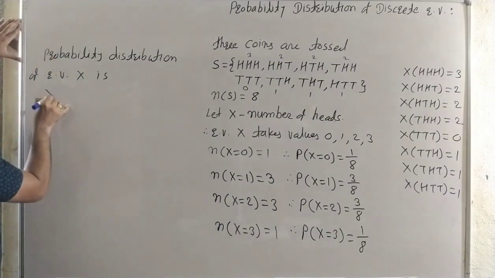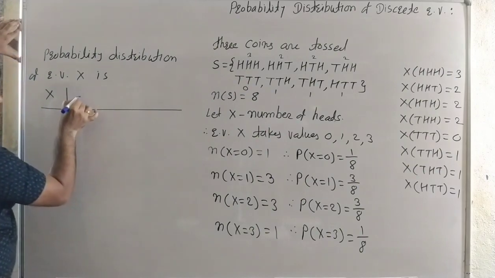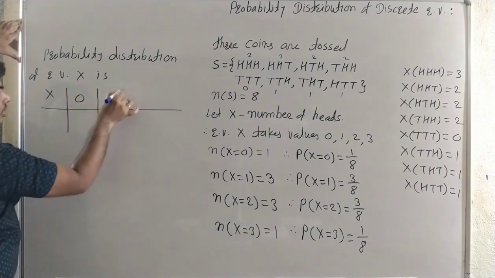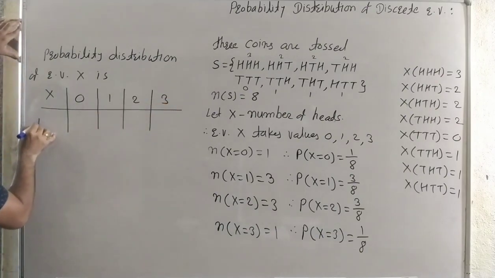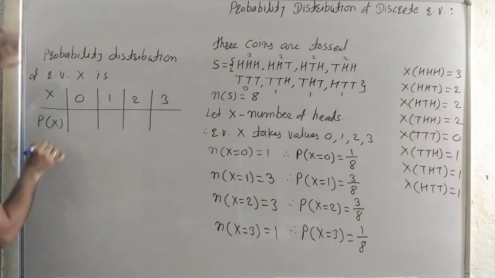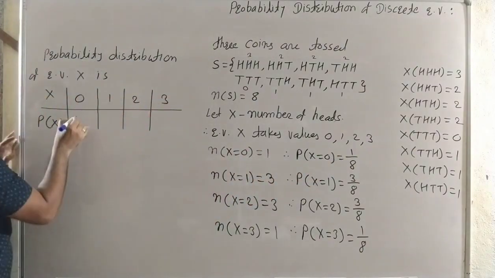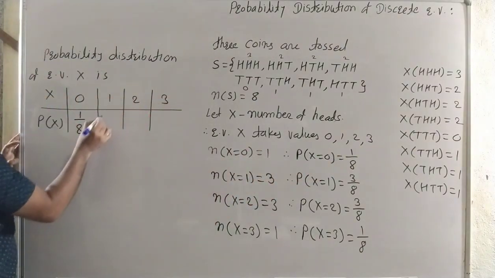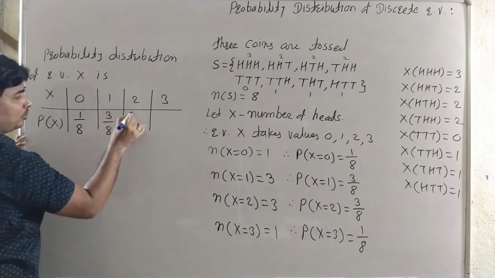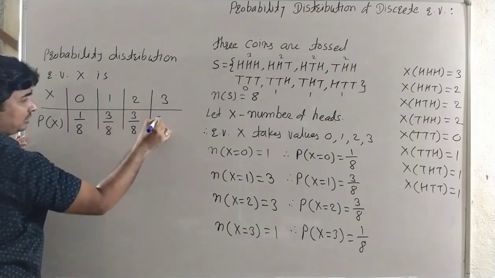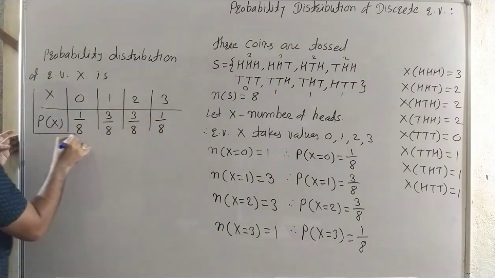Now here x takes values 0, 1, 2 and 3. When x is equal to 0, the probability is 1 by 8. When x is equal to 1, the probability is 3 by 8. When x is equal to 2, the probability is 3 by 8. And when x is equal to 3, the probability is 1 by 8. This is the probability distribution table.